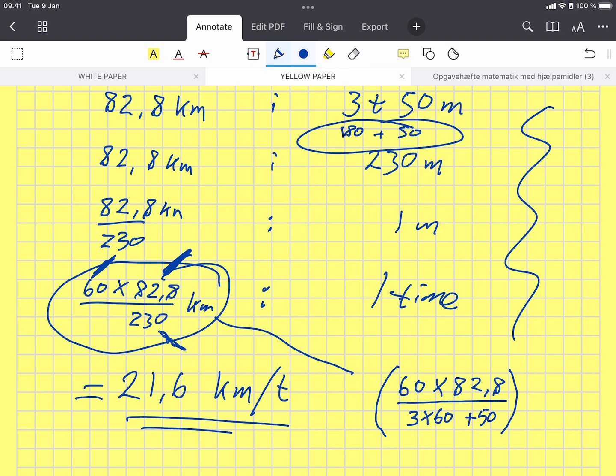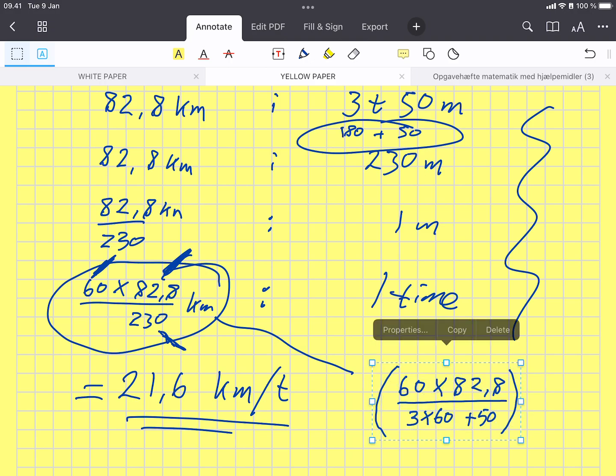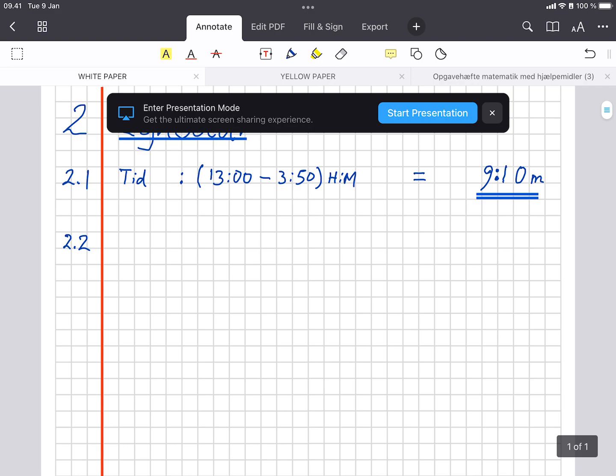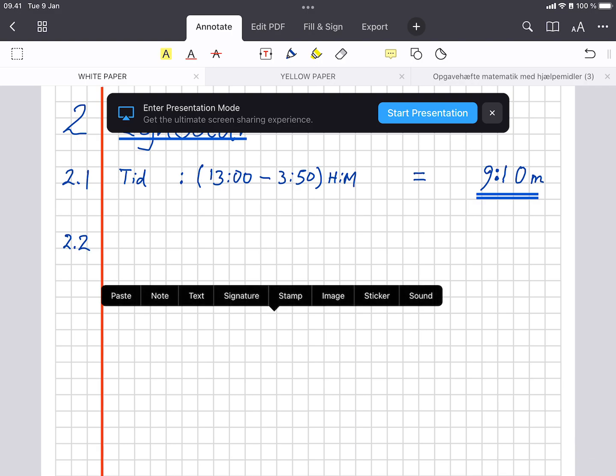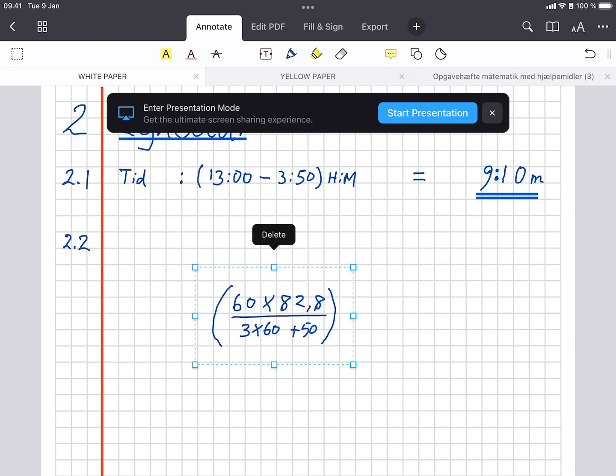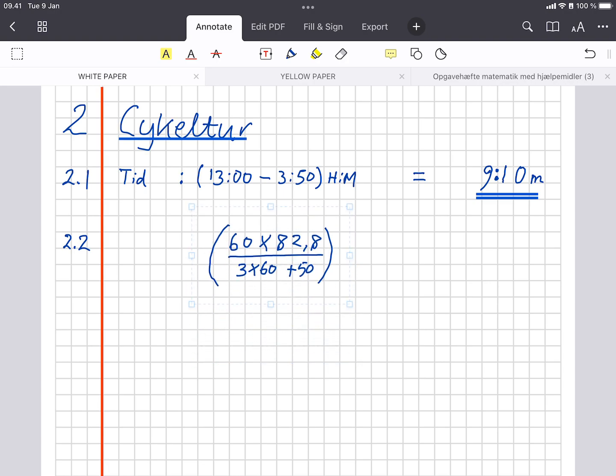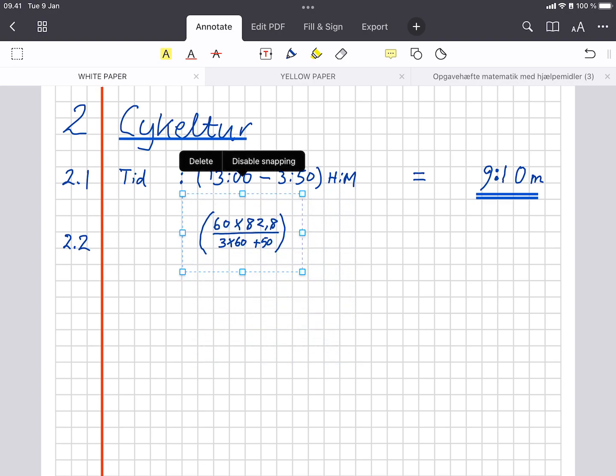So over to my white paper. I'm just going to actually sneakily copy this guy here and paste it into my white paper. If it'll let me do that. There we are. So that's going to go over there where we want the calculation.